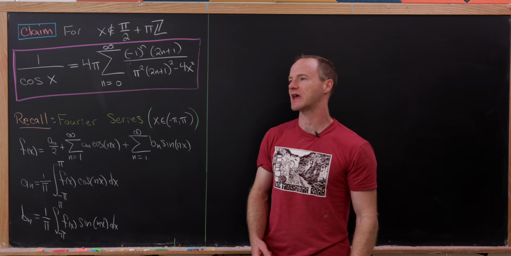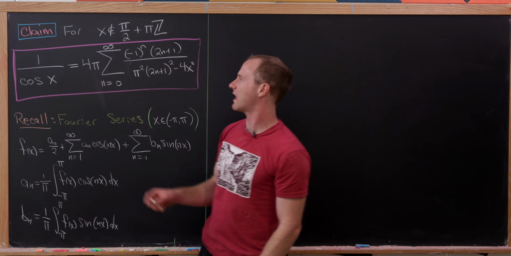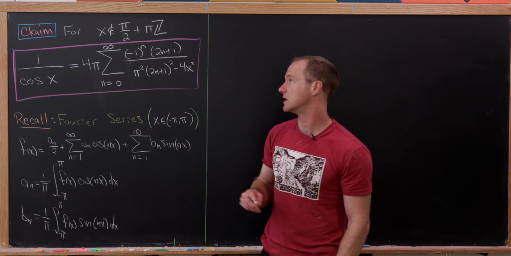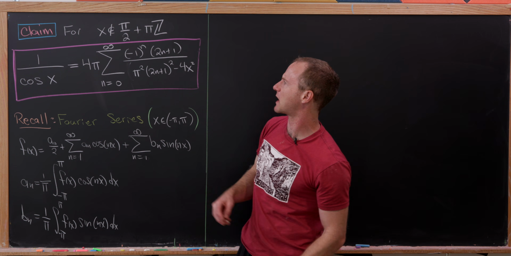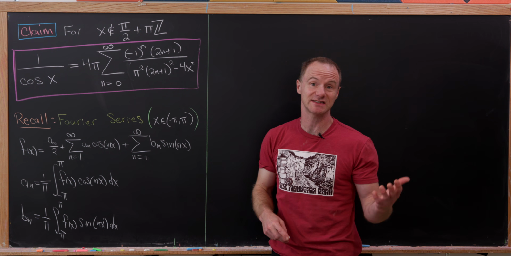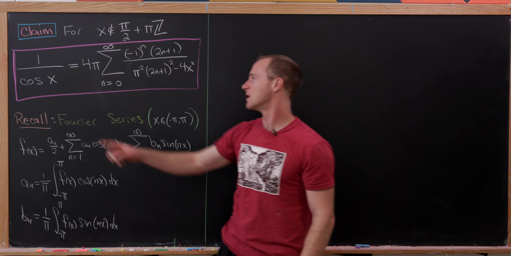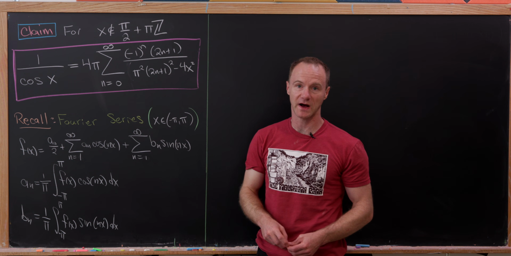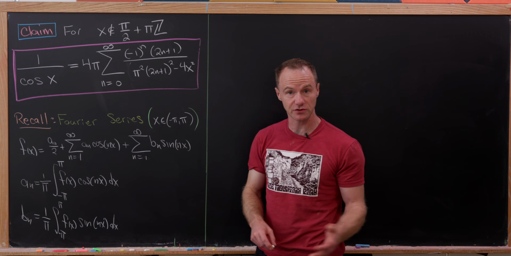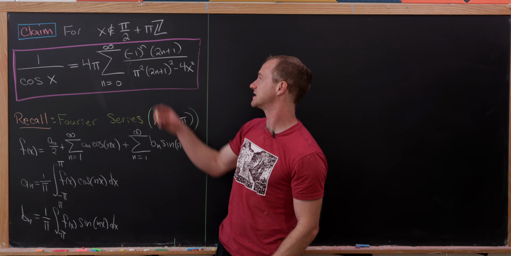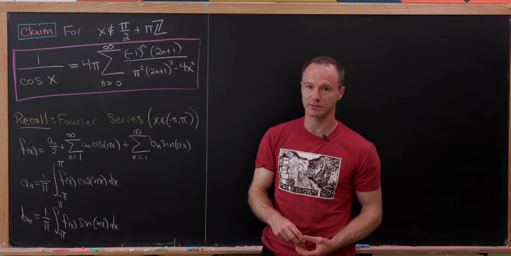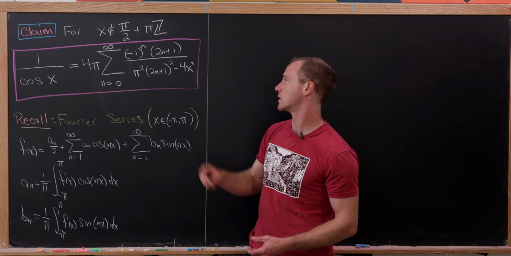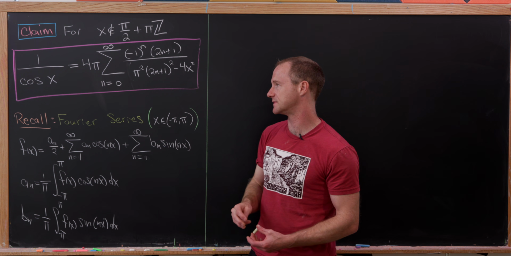Okay, so let's see what we have here. For all x that makes sense inside of 1 over cosine, which could be written as x is not in the set pi over 2 plus pi Z, we have 1 over cosine x is equal to 4 pi times the sum as n goes from 0 to infinity of minus 1 to the n times 2n plus 1 over pi squared times (2n plus 1) squared minus 4 x squared.